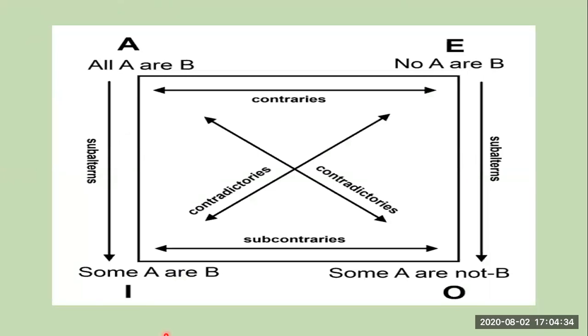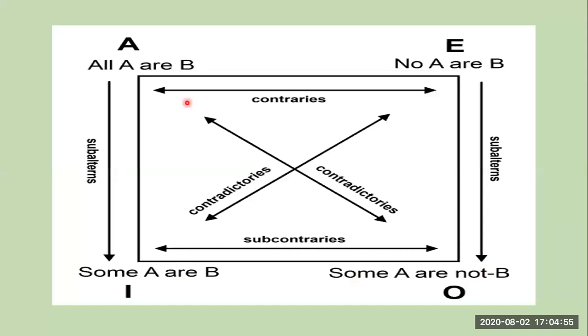So, square of opposition. We'll draw a parallel form here. This is A, this is E, this is I, and this is O. A is coded as all, E is coded as no, and O is coded as some not. You can see here some and not, and I is coded as some.